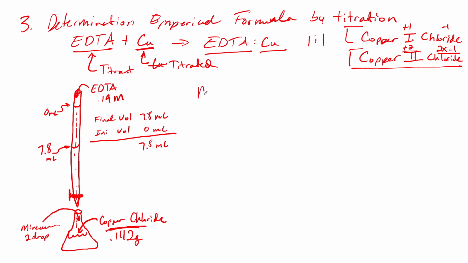And so just like last time, molarity equals number of moles divided by the liters of the solution, right? And just as a reminder, don't forget that big M is molarity for concentration, and little m little mols is number of moles, right?